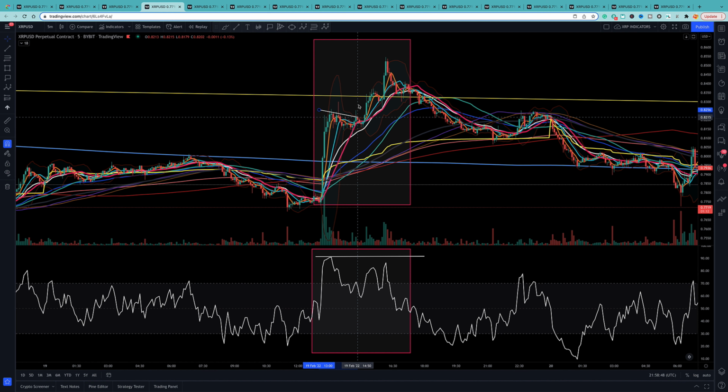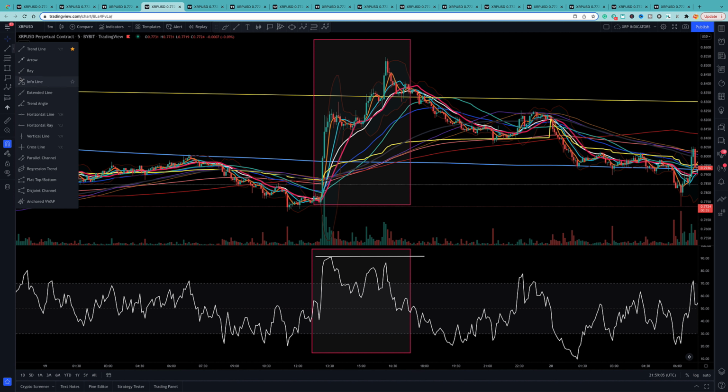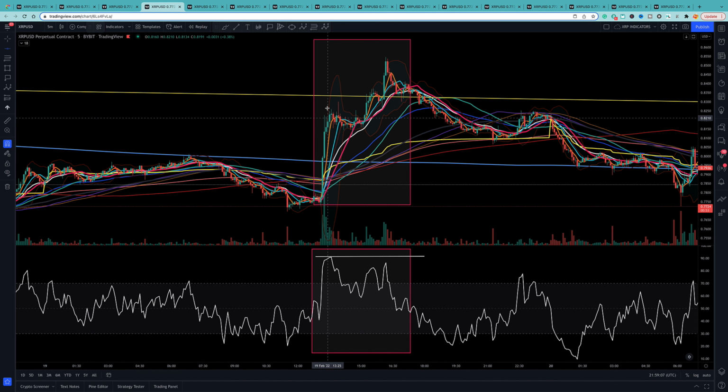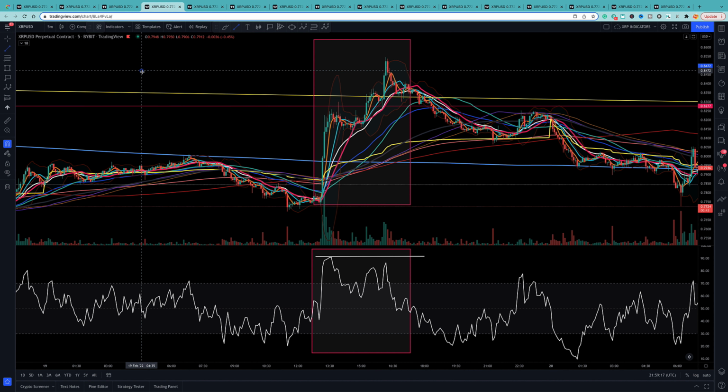I noticed TradingView updated itself recently, and I'm getting this. See this here? It won't let me put my line just straight. It just keeps flicking from one to the other. Is anybody else having that problem with their TradingView? Just won't let me put a straight line.